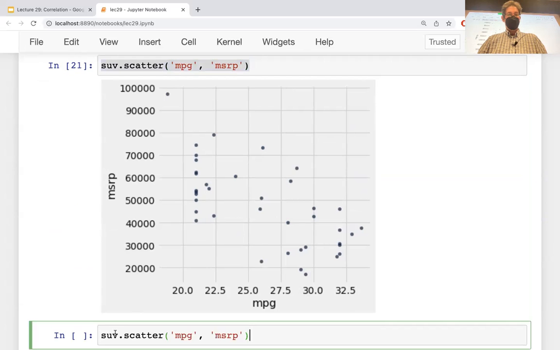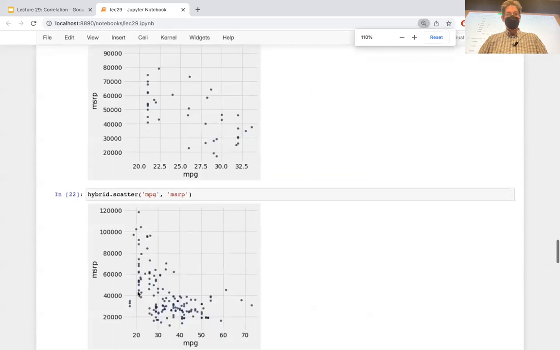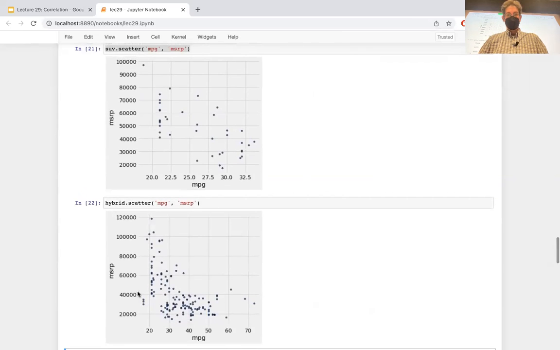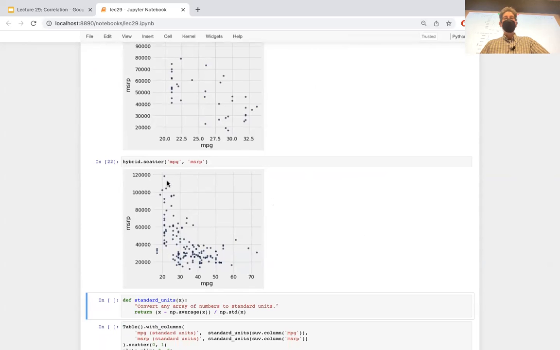Let's see if we can look at them both at the same time. Just the sport utility vehicles, like if you drew a line through this, it would go near a lot of the dots. Whereas this one has some other shape. It goes down and then over.